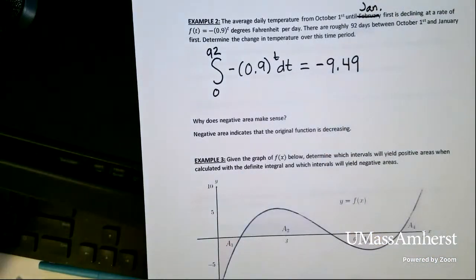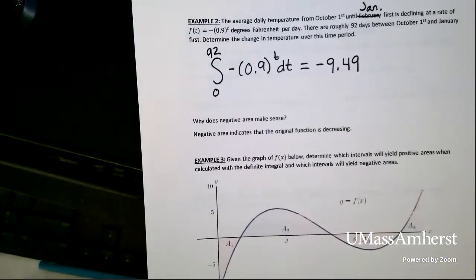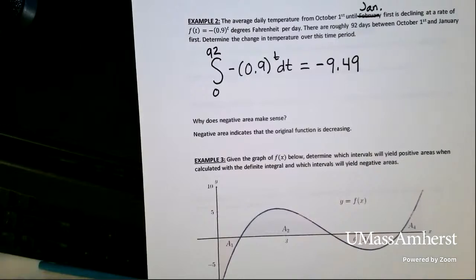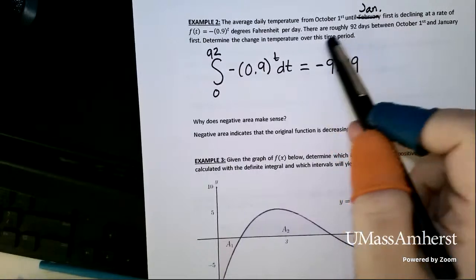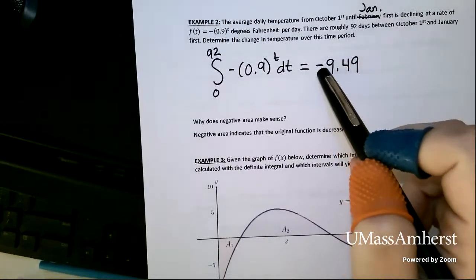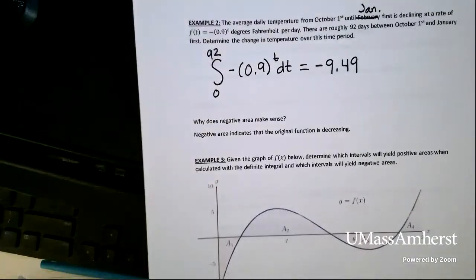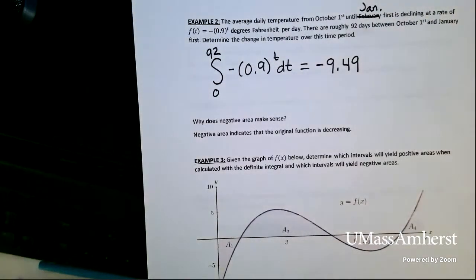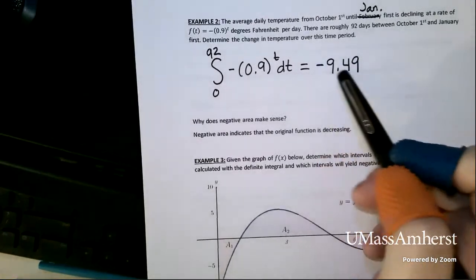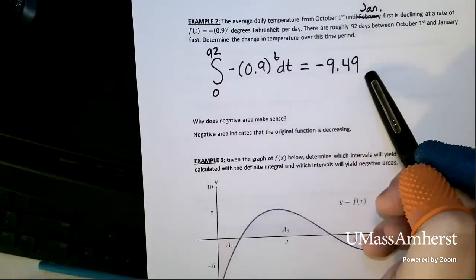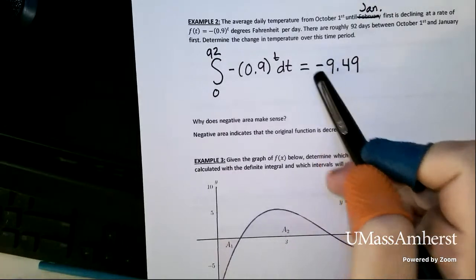Okay, so negative 9.49. And remember that this number is telling us something about the original function, which is the temperature function. And so we know that the original function is declining or decreasing because of this negative. So what that tells us is that between October 1st and January 1st, the average daily temperature drops by 9.49 degrees. So I use the word drops to indicate the negative.